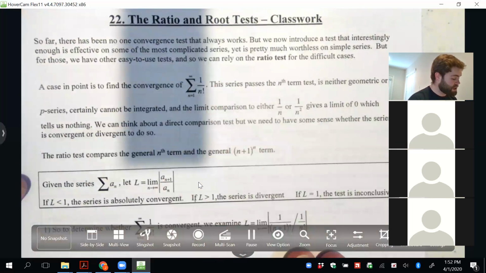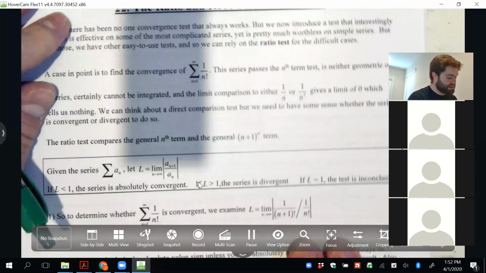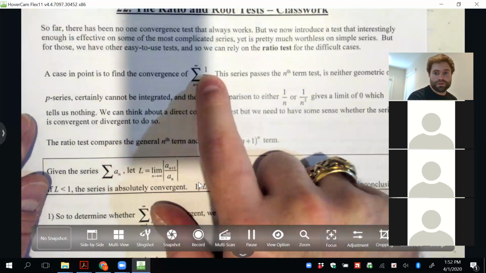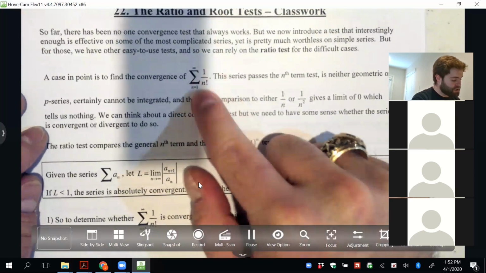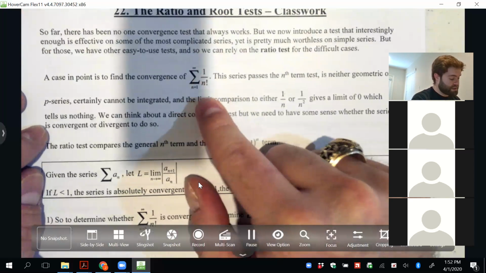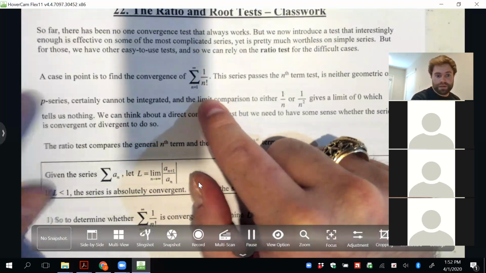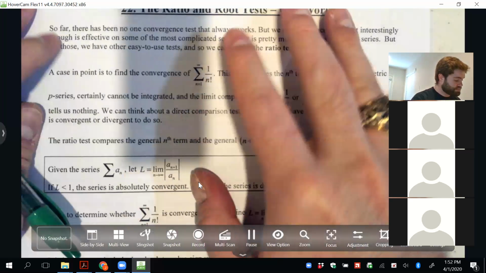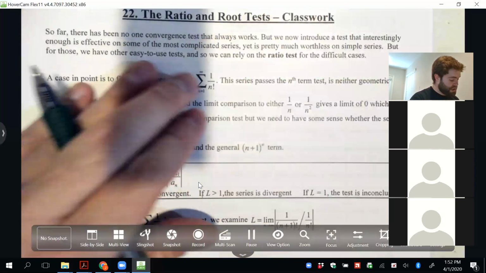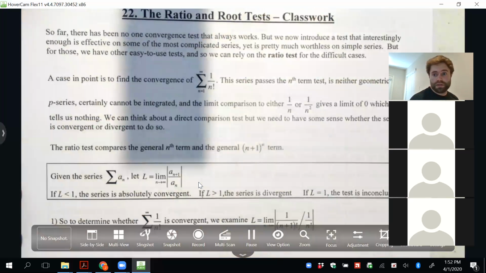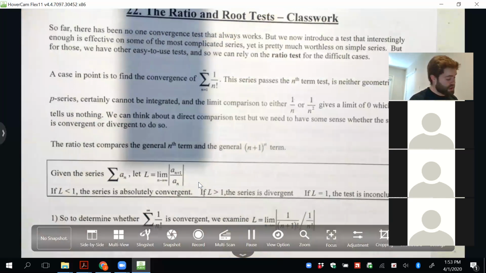This is the preferred test. Because we can see by the nth term test that this one would approach 0, so it could converge, but there's nothing else we can do with that. It's not a normal function that we deal with. So this fixes a lot of the difficult ones. And the easier series have their own tests.